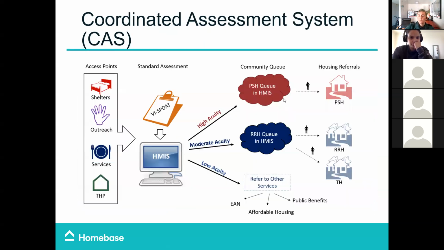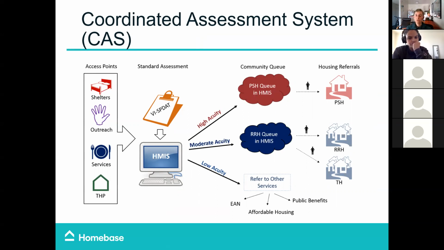Last very important point about who you can serve, right? We've talked about general eligibility categories. How can you set up your project to serve a specific population? Who might you be referred? What referrals might you get? But another very important point about who you would be serving with a CoC program grant is that every single person that you serve in your project would come through the coordinated assessment system.